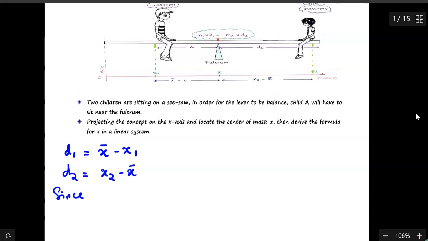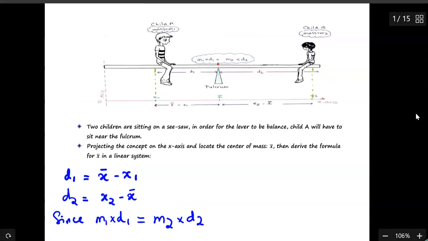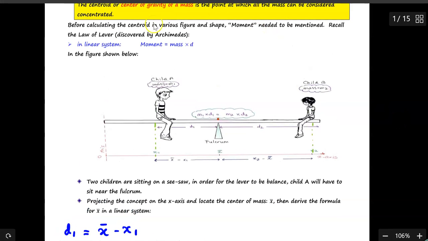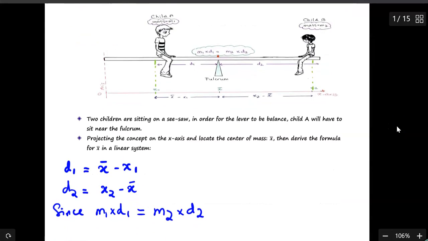They should be equal to each other. So m1 times d1 is equal to m2 times d2. This is the law of lever, so that the seesaw will be balanced. According to Archimedes' principle, the law of lever, that's what we have to write.